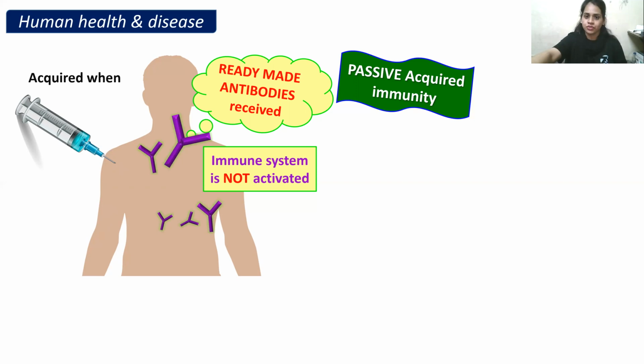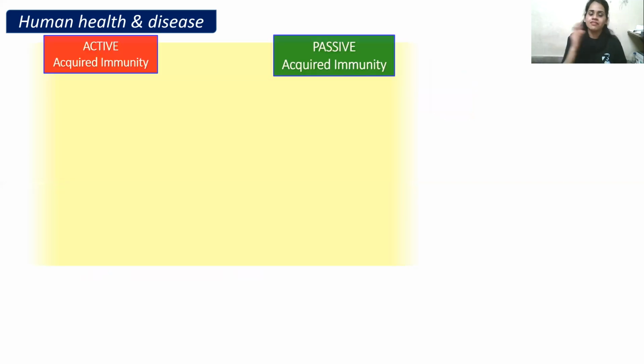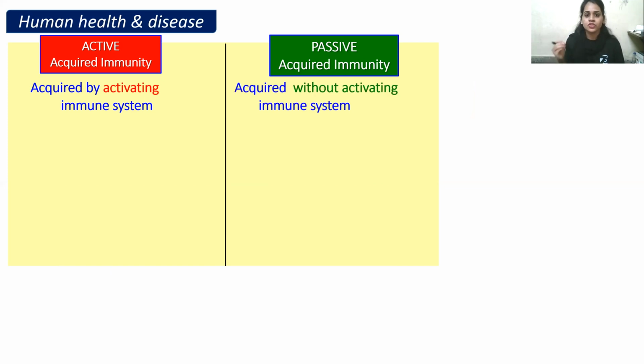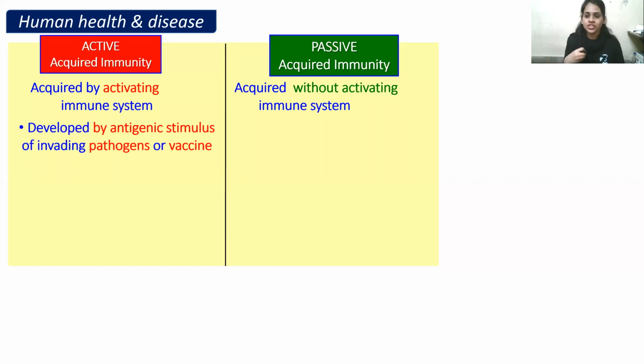Let us differentiate the two, that is active and passive immunity. Active acquired immunity is the one where the immune system gets activated, and in passive immunity the immune system is not activated. In active acquired immunity, there is invasion of pathogen.